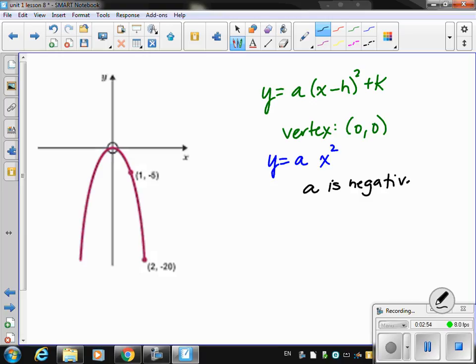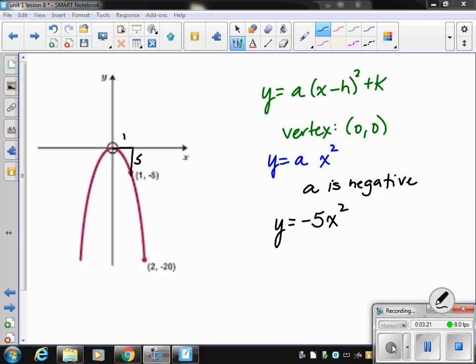I am suspicious that A is a number larger than 1 because it looks to be skinny. So I have to determine what has changed with my step pattern. It appears that it is over 1, down 5. My A value is y equals negative 5x squared.